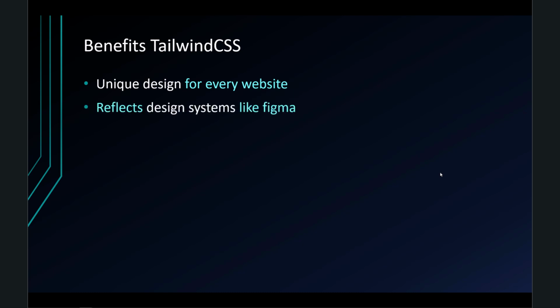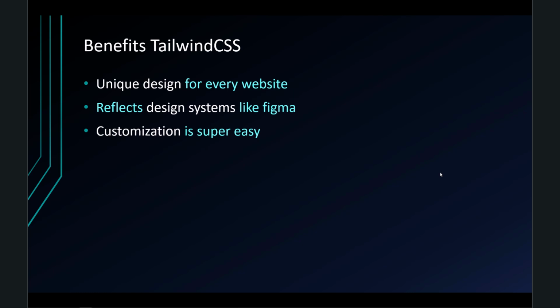Another benefit of using Tailwind CSS is that every website you design will have a very unique design. Other than that, if you're using Figma and you have a component library there, you can translate that component library, the design system, into your HTML or React project. Tailwind also offers customization with super ease: you don't have to worry about adding new classes or adding new colors.